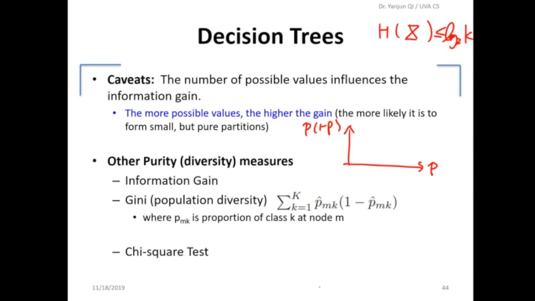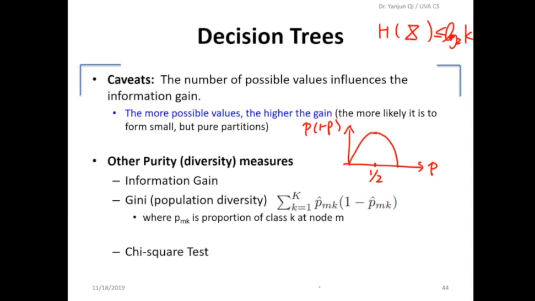You can convert it to a quadratic in (p minus 1/2), where the center is at the 1/2 position, which gives you a maximum of 1/4. It carries the same shape as the entropy function, right?